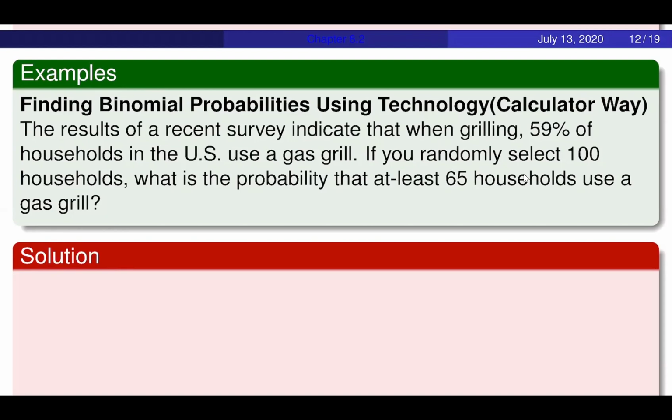Yeah, 100. So we put n is equal to 100. What's my p? What percent of Americans have a gas grill? 59. Yeah, so we put 0.59.